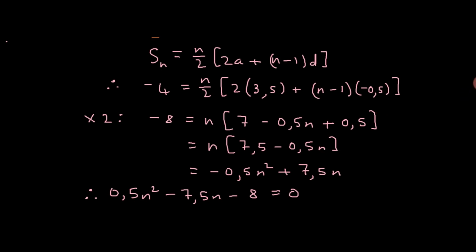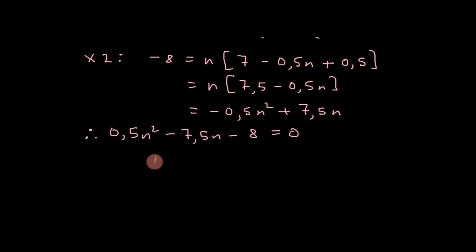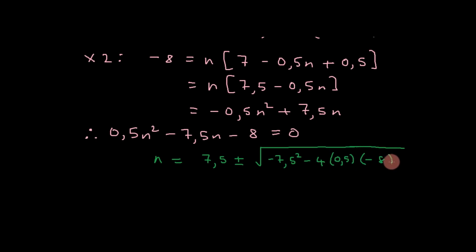So then n will equal, using the quadratic formula, negative b, so 7,5, plus or minus the square root of b squared minus 4ac. And this is all over 2a. So 2 times 0,5.